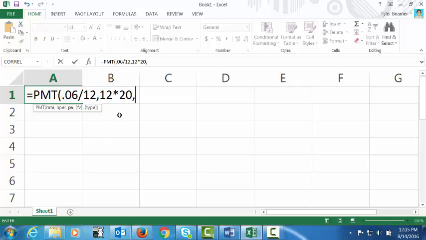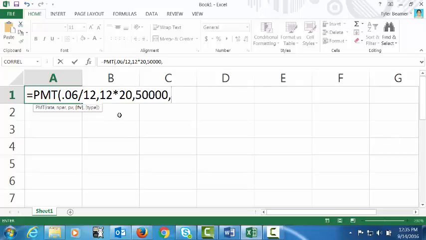comma, the next argument is PV, which stands for present value. So the present value is the amount that I borrow, which in this case is $50,000. Okay. Don't put a comma in the 50,000. Excel uses commas to separate these argument fields, so you'll throw Excel off by doing that.